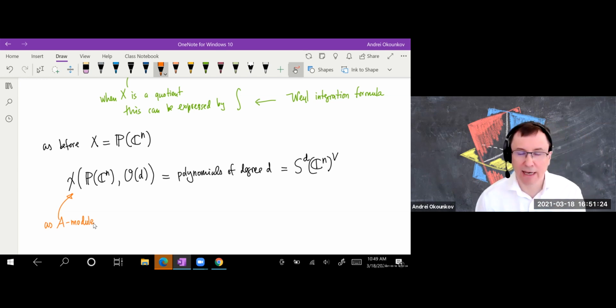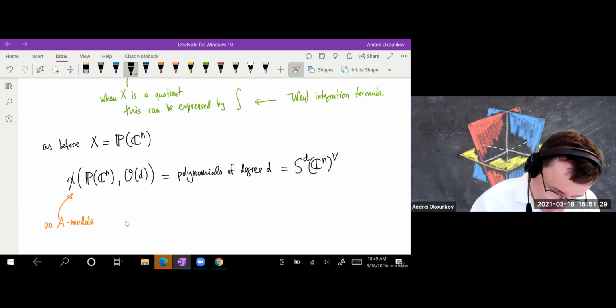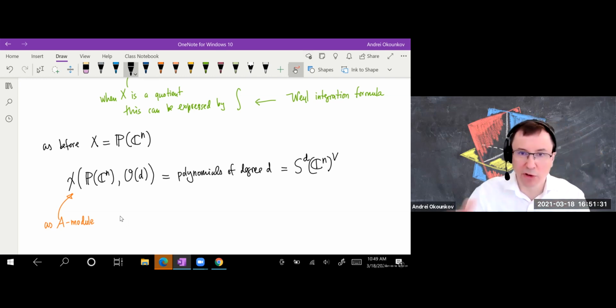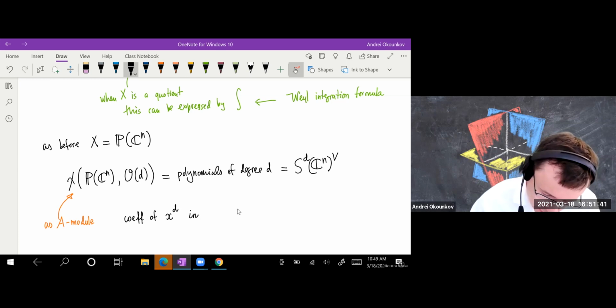the character as a module. So how does A act on polynomials of degree D? To enumerate all monomials of degree D, we can say this is the coefficient of X to the D in 1 over the product of 1 minus X over A_i.